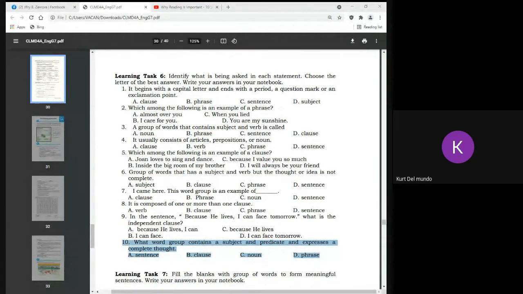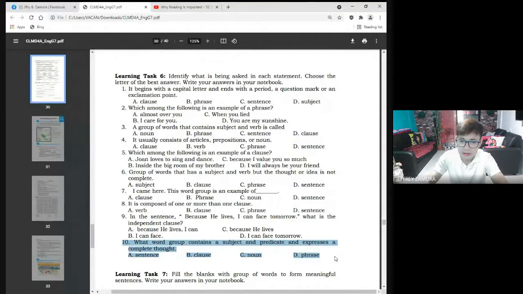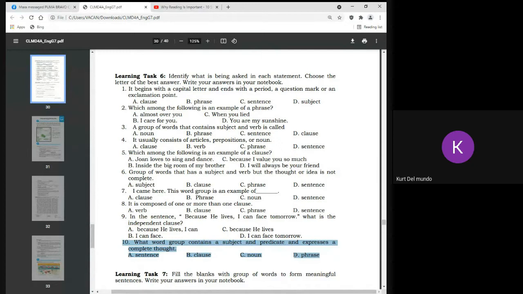What word group contains a subject and predicate and expresses a complete thought? Phrase ba yan? Sentence po. Contains a subject and a predicate and expresses a complete thought.